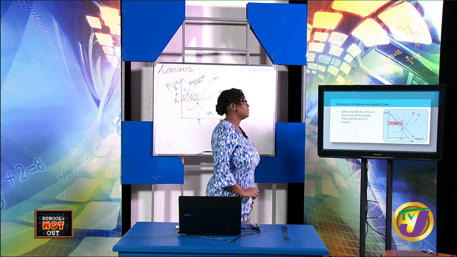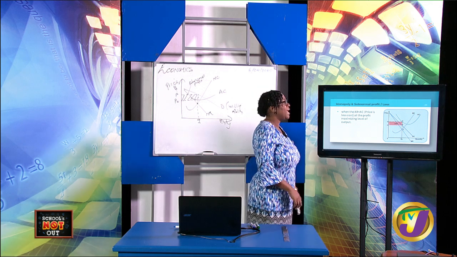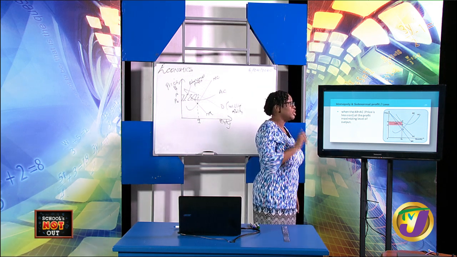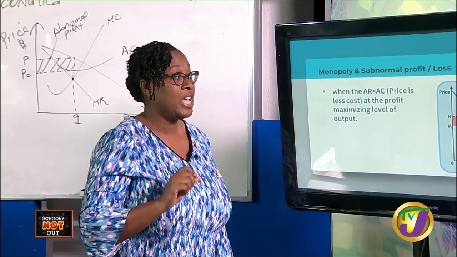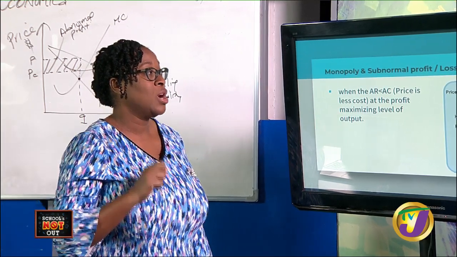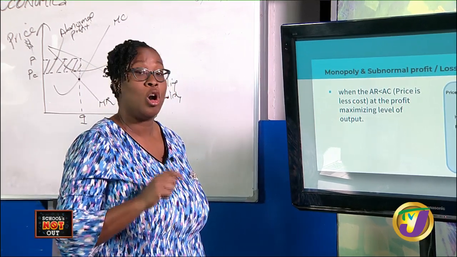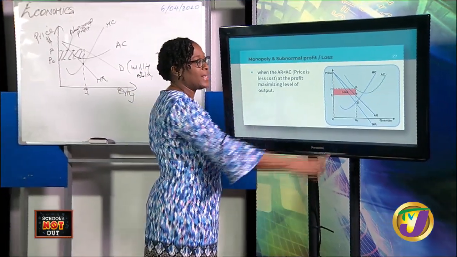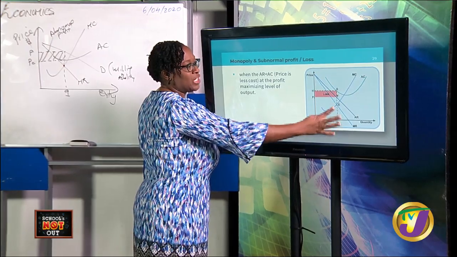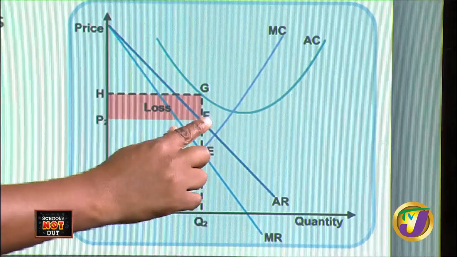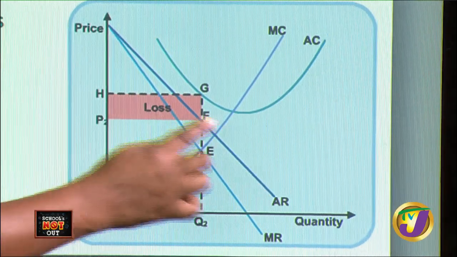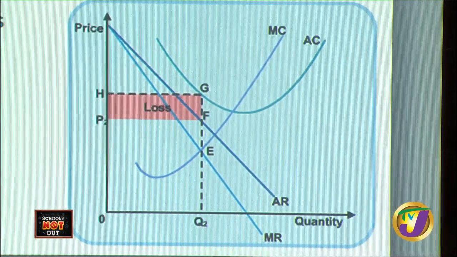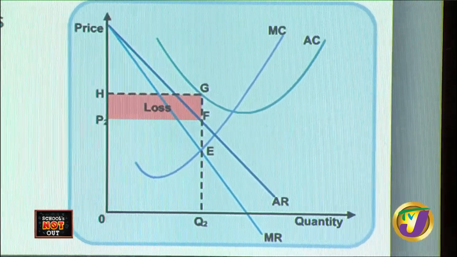A loss in this situation here, again, you look for your average cost curve. So anytime you see a diagram and you want to determine what is happening, look out for your average cost curve. So in this situation, again, the profit maximization point is established. The price of the good associated with the demand curve or the average revenue curve here is at P2.